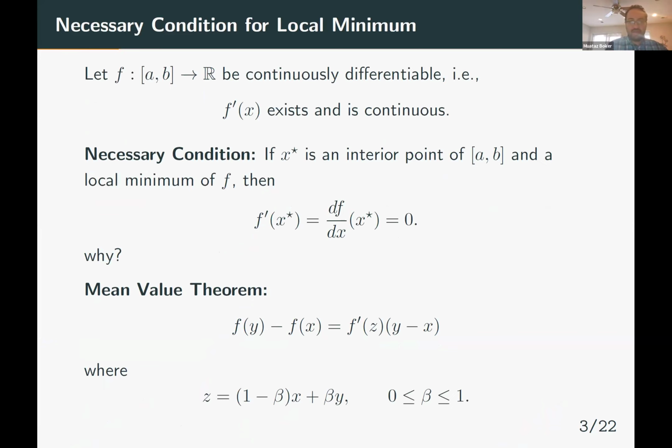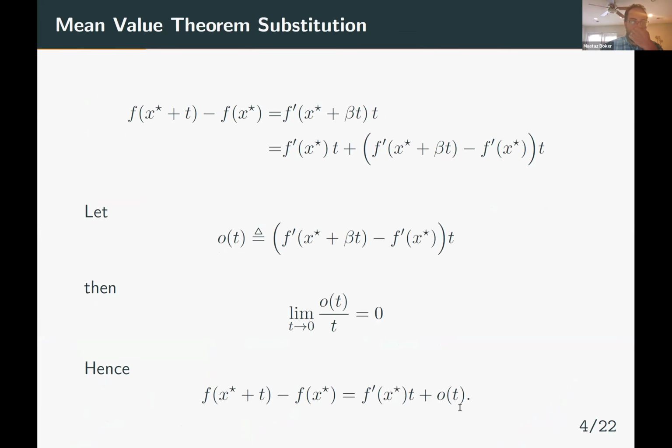But mathematically speaking, we can show it in a rigorous way by using what's known as the mean value theorem. The mean value theorem says that f of y minus f of x is equal to f prime of z times (y minus x), where z is equal to (1 minus beta) x plus beta y, and beta is between 0 and 1. We can use that mean value theorem, but instead of x and y, we have x star plus t and x star.